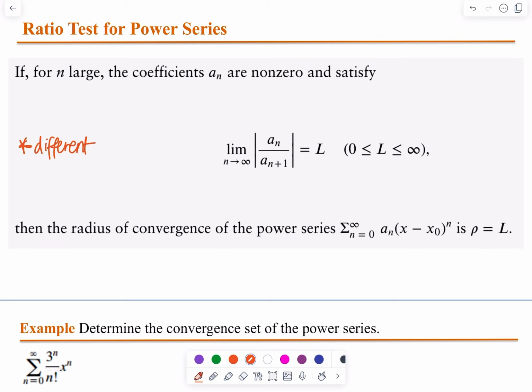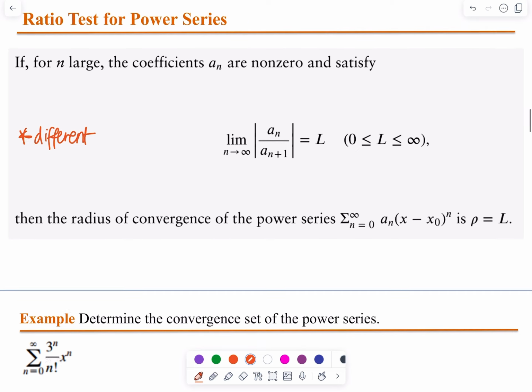Here we say that the limit as n approaches infinity of a sub n divided by a sub n plus 1, the next coefficient, is equal to L, where L is between 0 and infinity, including 0 and infinity. And if that limit is equal to L, then the radius of convergence rho is equal to L.